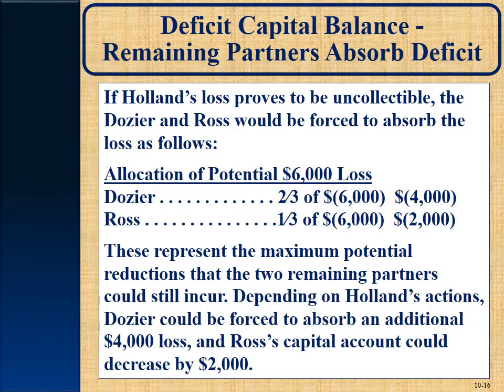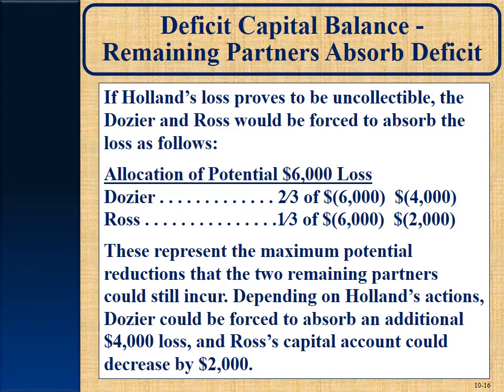But what if it doesn't? What if the remaining partners feel they're not going to get the money from the deficit partner? Well, if Holland's loss proves to be uncollectible, they're not going to get the money to put back into the partnership. Dozier and Ross will have to absorb that deficit into their capital balances, or reduce.